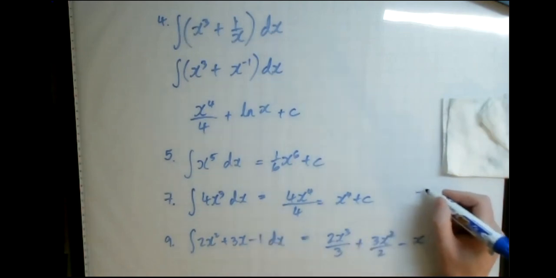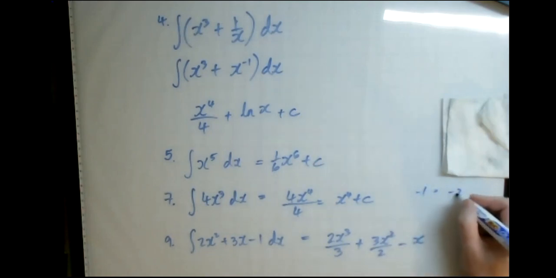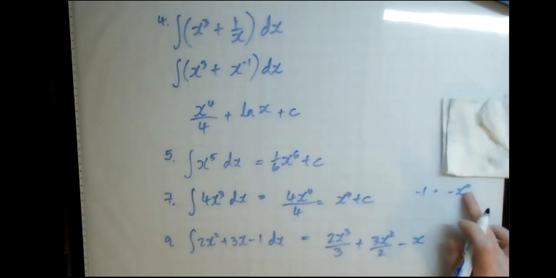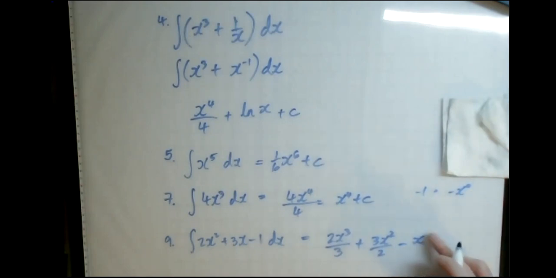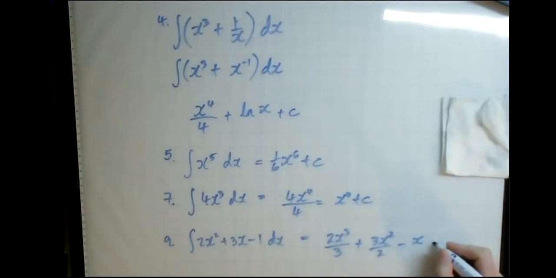So minus 1 times x to the power of 0, because anything to the power of 0 is 1. So minus 1 x to the power of 1 is going to x, so minus x. Plus c.